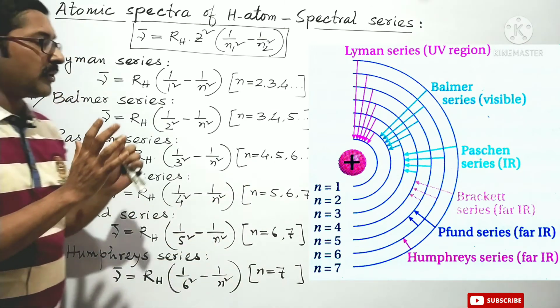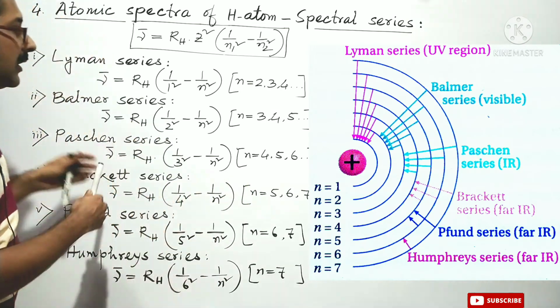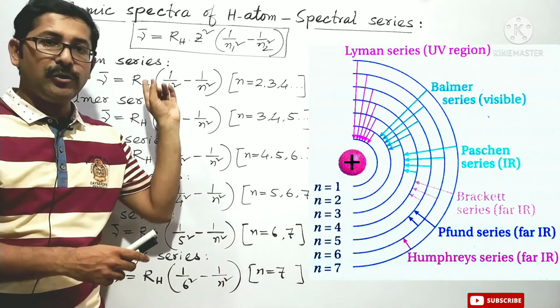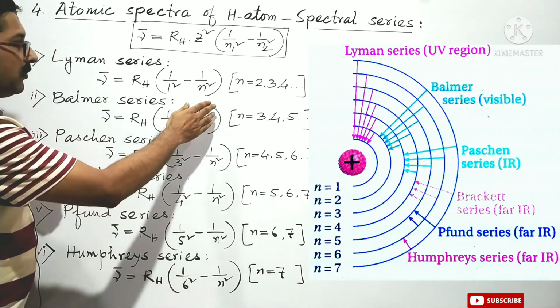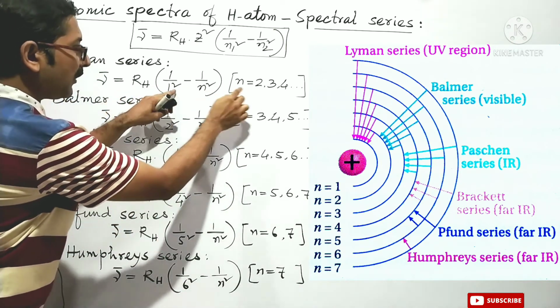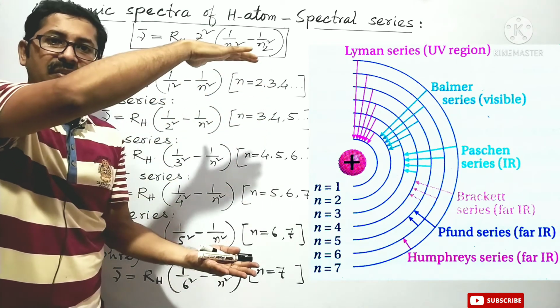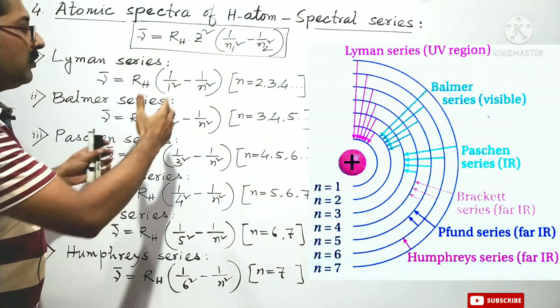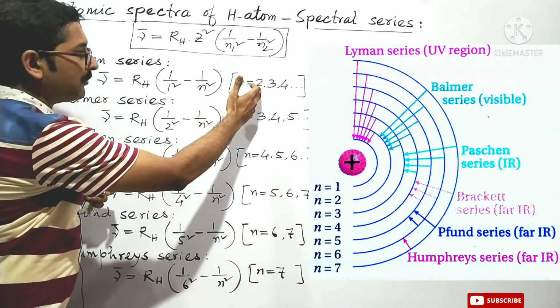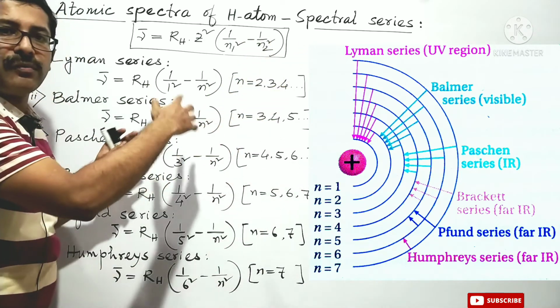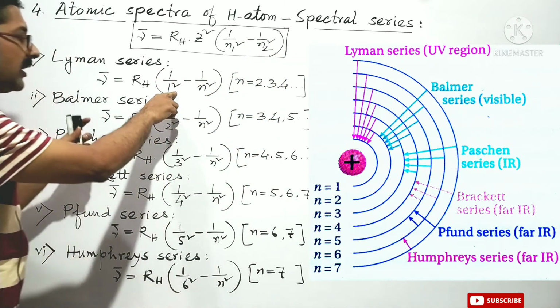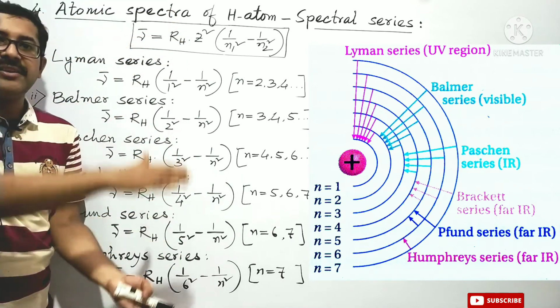Now there are 2 or 3 important points to note. As we discussed in the second topic of today's video, the energy difference between first orbit and second orbit is the largest. So when the electron comes back from the second, third, fourth, fifth or further orbit to the first orbit, the energy difference is highest.